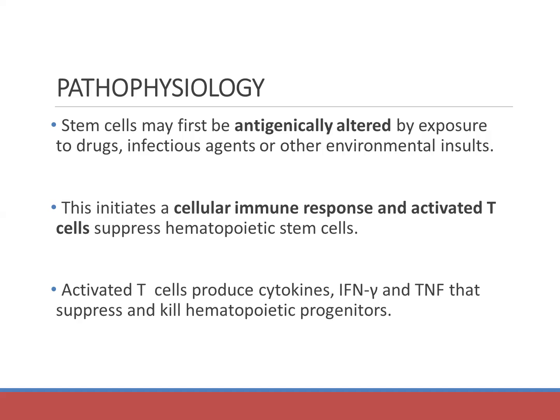This starts a cellular immune response, the body's immune system is activated, and therefore the CD4 cells are also activated, and they suppress the bone marrow stem cells by damaging them. The T cells also produce cytokines, interferon gamma and tumor necrosis factor, that suppress and kill the progenitor cells.